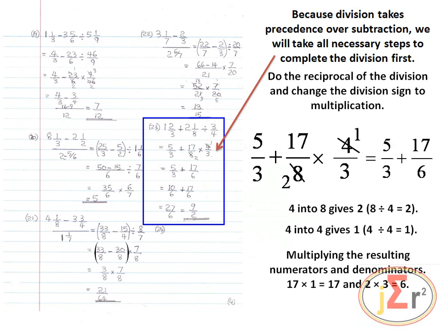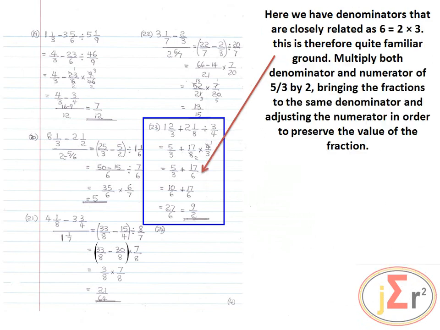Then we will finish up by adding fractions with exclusive denominators. So here we have denominators that are closely related, as 6 is equal to 2 times 3. This is therefore quite familiar ground.